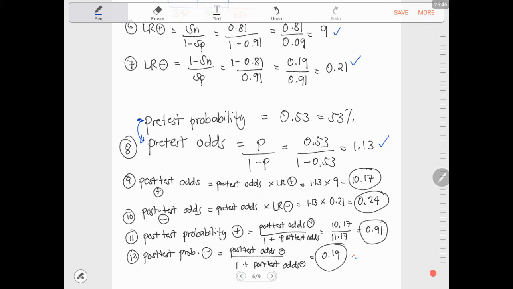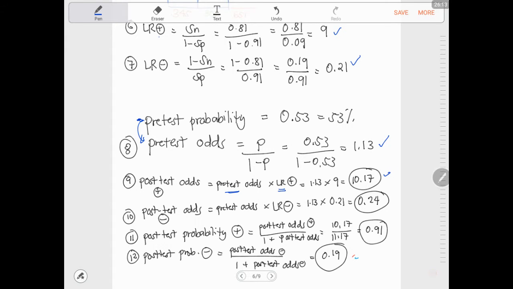Now, after you get the pretest odds, you use it so that you are able to get the post-test odds and the post-test probability. The post-test odds is calculated as follows. You take the pretest odds times the likelihood ratio for the positive test, and the result is 10.17.